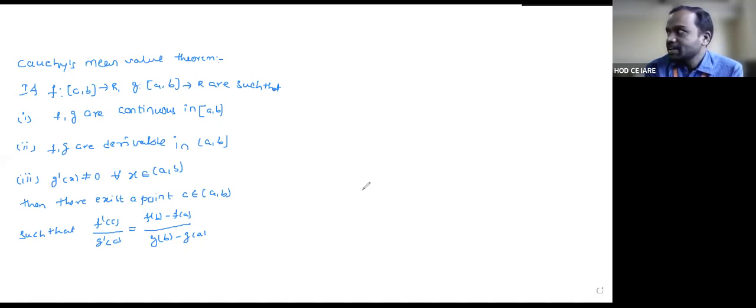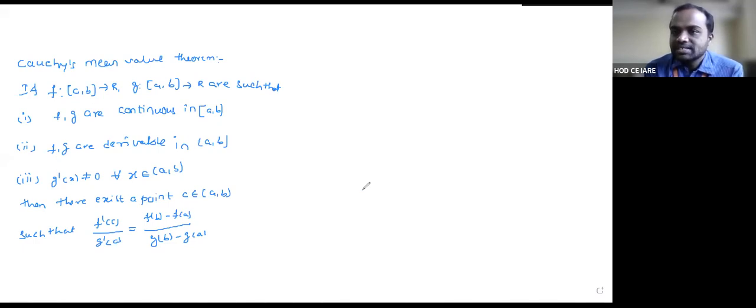Next, the second one is Lagrange's mean value theorem. Here also we use a single function. If f of x is a function satisfying Lagrange's mean value theorem, two conditions must be satisfied. The first condition is that it is continuous in the closed interval [a, b].